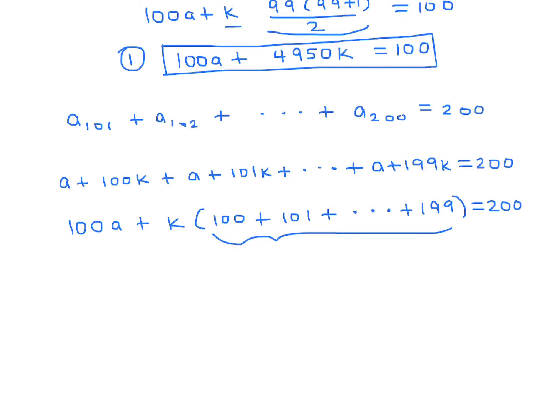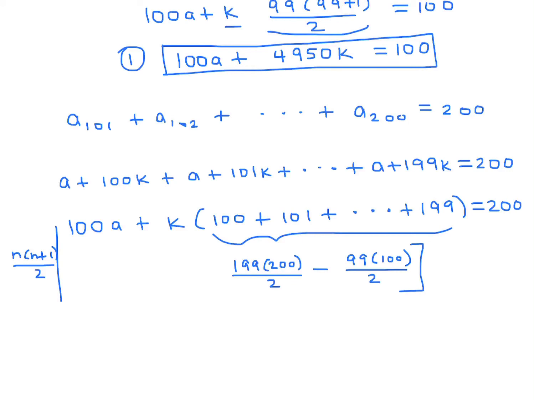It's not consecutive starting with 1, but we can do it with the same formula, except this time we have to do a little bit of a subtraction. It's the sum of all the numbers from 1 to 199, and you subtract from that the sum from 1 to 99, right? So that's 99 times 100 all over 2. So a little bit trickier, but I'm sure you understand that.